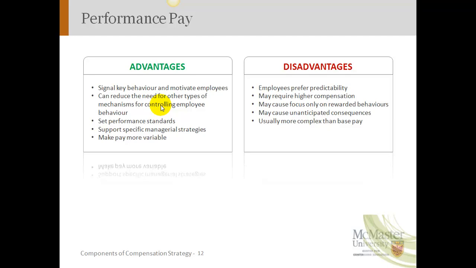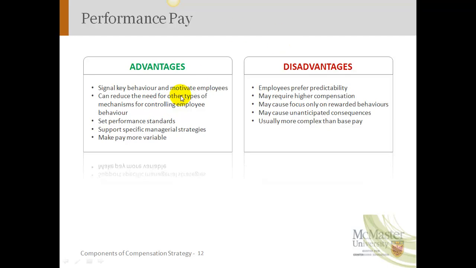A lot of times, if we have performance pay in place for employees, companies might say, well, we want to give our employees a little more autonomy, a little more freedom to act, and not have the managers scrutinizing absolutely every move they make. As long as they work within certain parameters, they have some choices and options within which they can choose to get the job done.